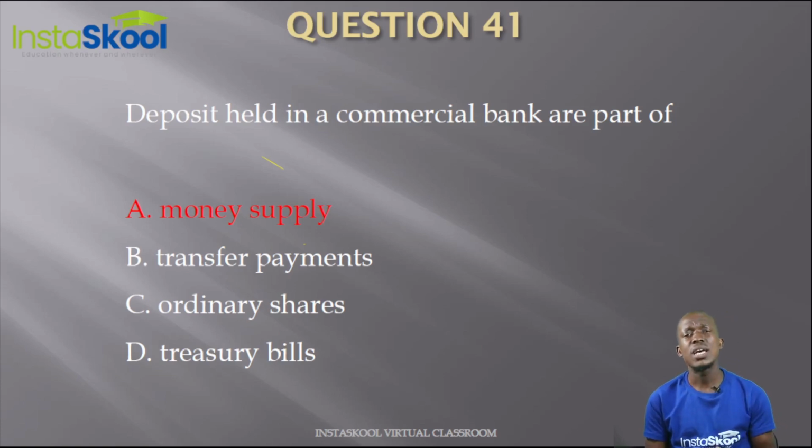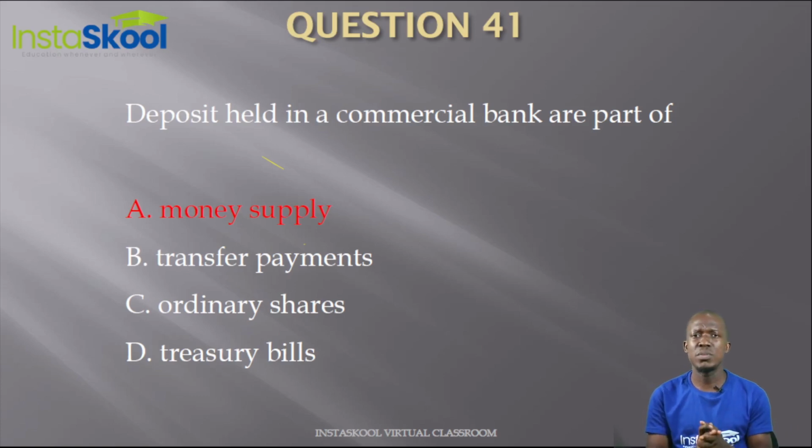Ordinary shares are units of ownership in a company, not deposits. Transfer payments are payments made to persons or organizations or countries without any economic activity or returns from it. So take, for example, an uncle visits you and gives you 1,000 naira notes without you doing anything for him.